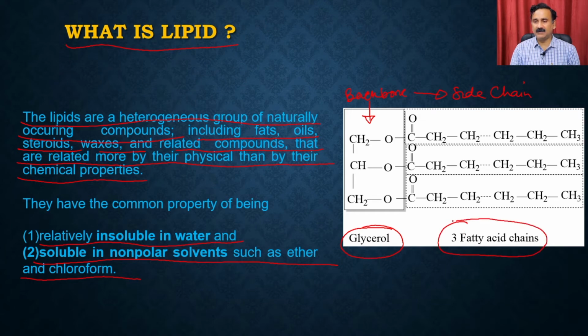You can have three chains of fatty acids: chain number 1, number 2, and number 3. The acid group makes a linkage with the alcohol present on the glycerol, and that's how it forms a lipid molecule. So the 3 fatty acids are coupled with the 3 alcohol groups present on the glycerol. Let's understand the backbone and the side chain first.